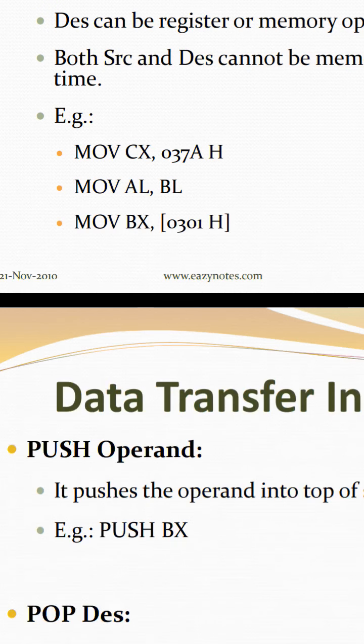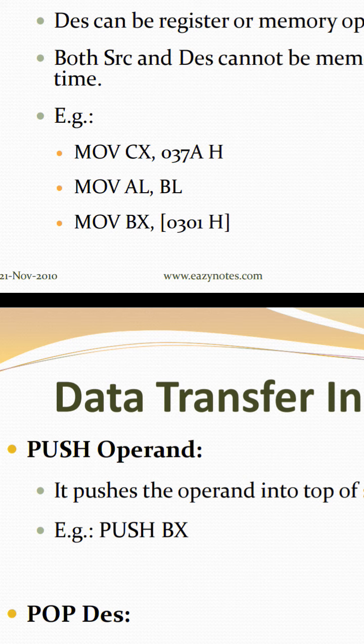MOV CX comma 037AH. Here H denotes hexadecimal data, 03 is the lower byte of the data, 7A is the higher byte of the data, and CX is the internal register in the 8086 microprocessor architecture.